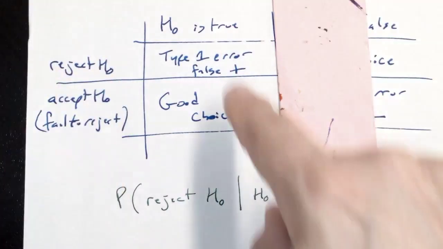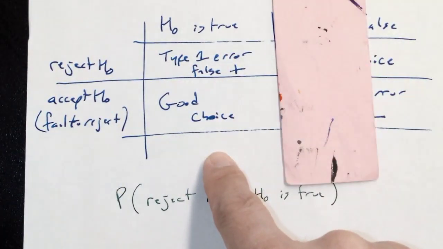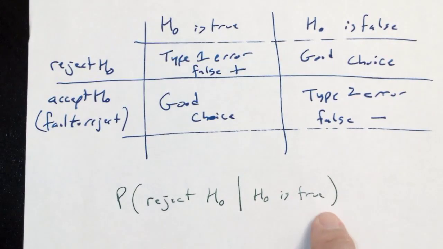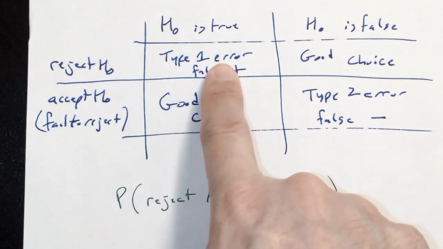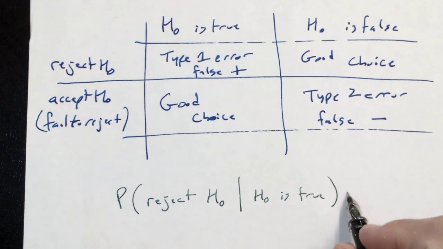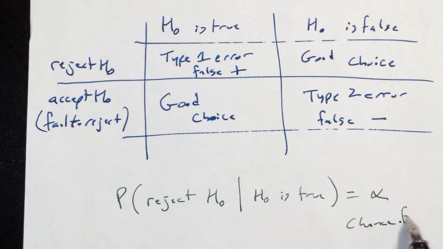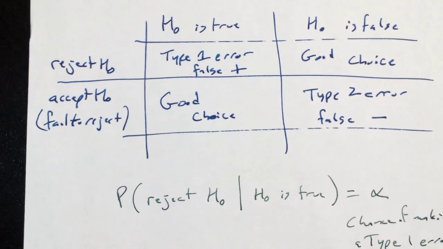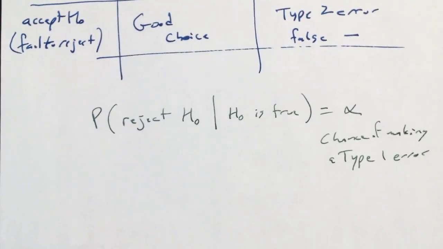I would just look at this column and take this over whatever this total was. So this is the chance of making that error. We'll call it alpha. And that's our chance of making a type 1 error.